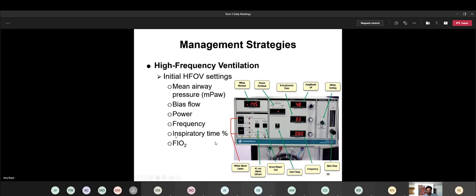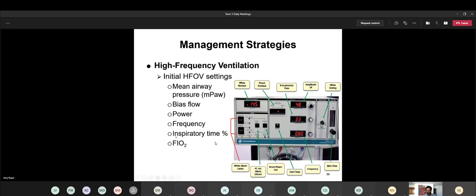Now, high frequency has its own thing going on as far as where you're going to start. It still depends on the gestational age of the baby as far as where you're going to start your hertz, for instance. And this here is just to show every single parameter that you could either set or observe on this device.